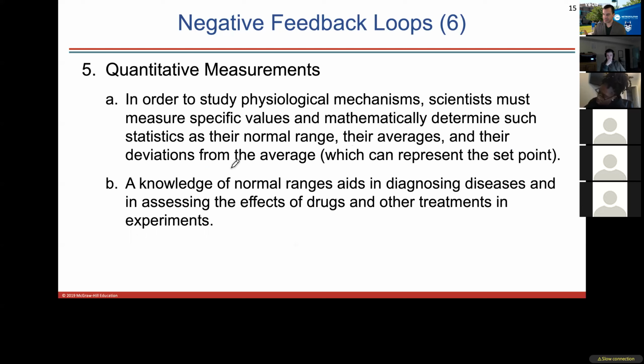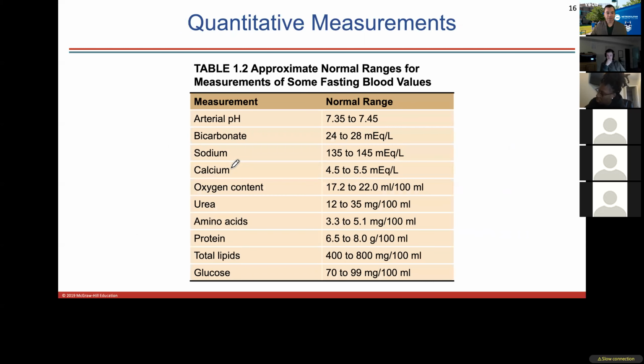This is where it says, there are specific values, and there are a number of them. I am not asking you to know these right now anyway. And these are pretty consistent. They may be slightly one way or another depending upon the book or the laboratory.